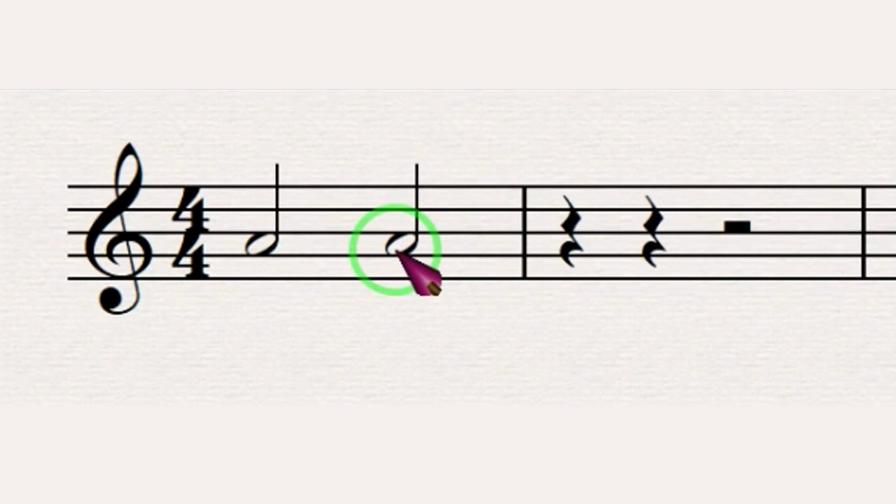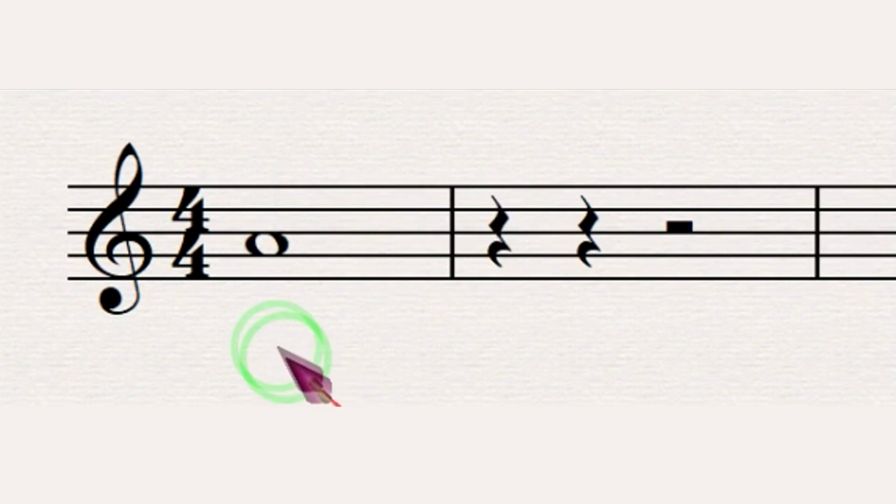We also have a rest for a half note or minim. If we want this to be silenced, we replace it by a minim rest, which is this one here, usually resting on the 3rd line of the staff.